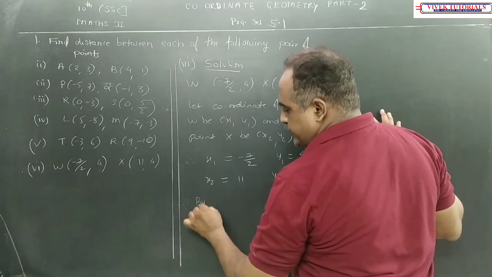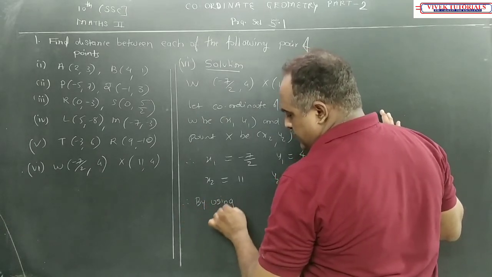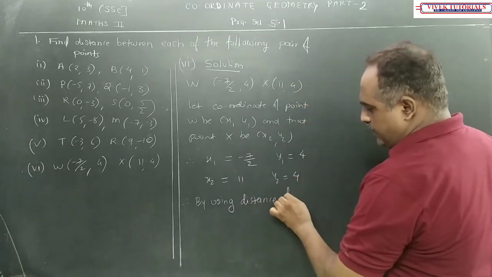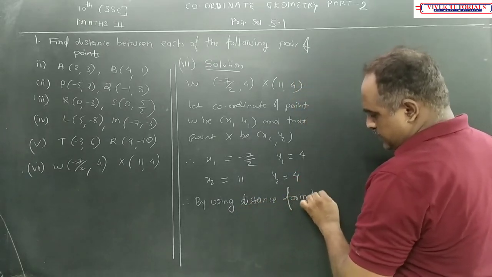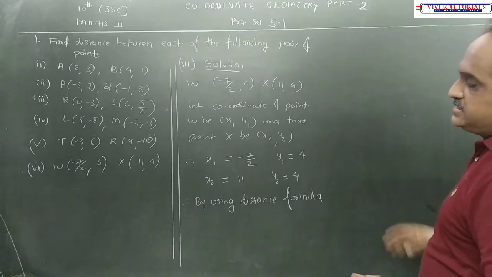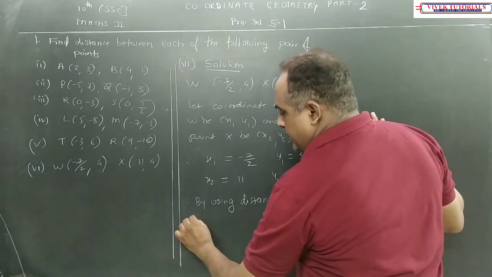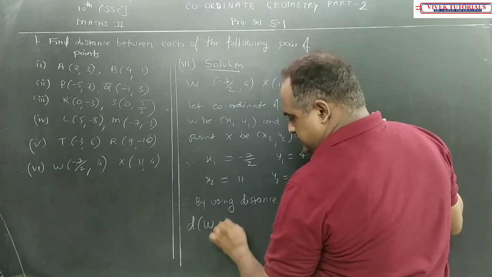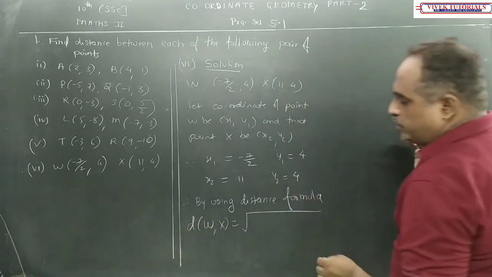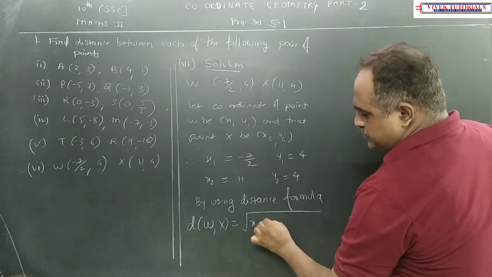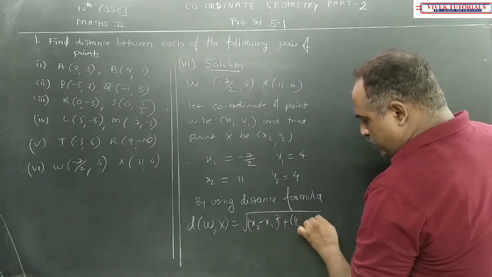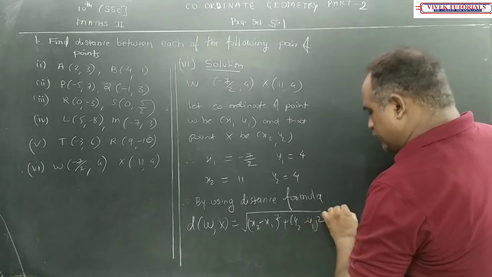Therefore, by using the distance formula, distance WX is equal to root of x2 minus x1 the whole square plus y2 minus y1 the whole square.